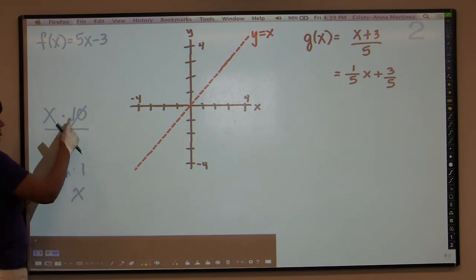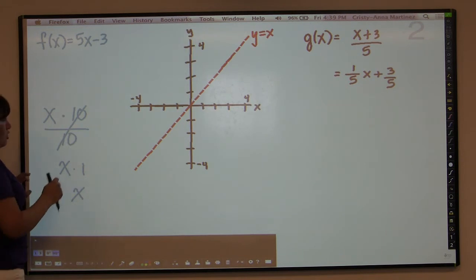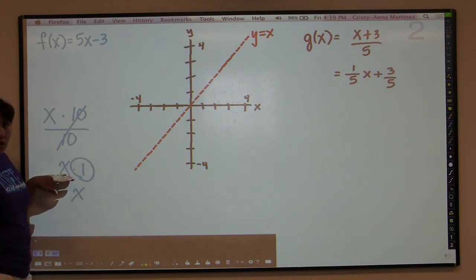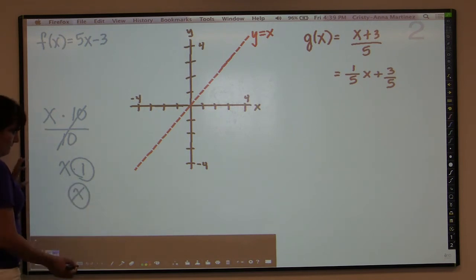So again, multiplication and division are inverse operations, and when you put two inverses together, you always get the identity for that operation. The identity for multiplication is 1. We call it the multiplicative identity, because when you multiply or divide any number by 1, it stays that number. So you get your x back, okay?